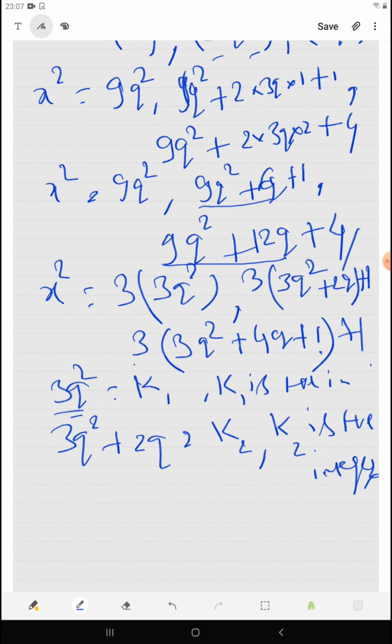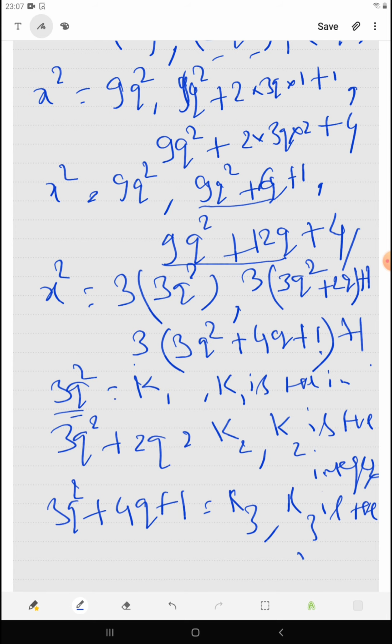And 3q square plus 4q plus 1 I can write as k3, where k3 is also a positive integer. Why? Because q is a positive integer, so with addition and multiplication all things will give you a positive integer. Subtraction might take you to a negative integer, but since it is plus or multiplication, it will be a positive integer.